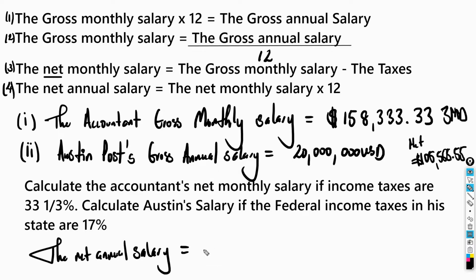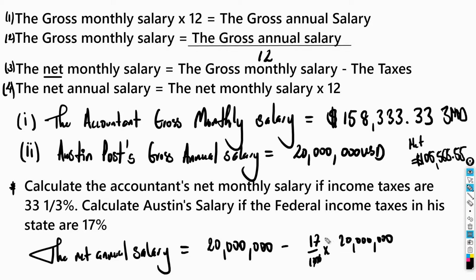So it's the gross annual, which is the 20 million, minus the taxes, which is 17% multiplied by the 20 million. So remember to read the question, guys, and think about it before you answer.